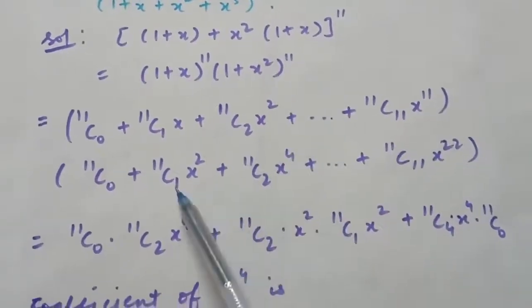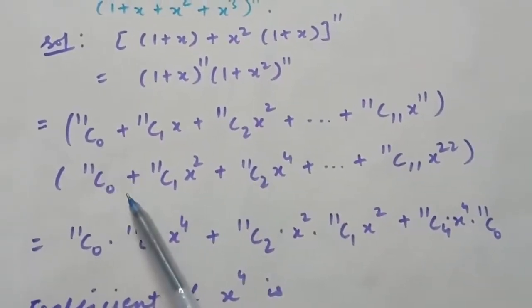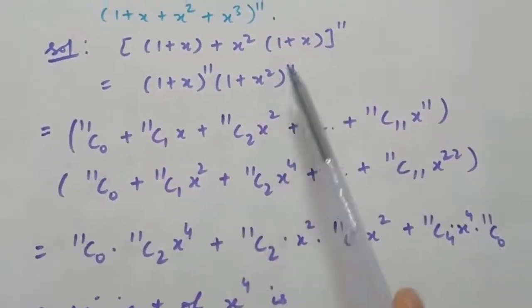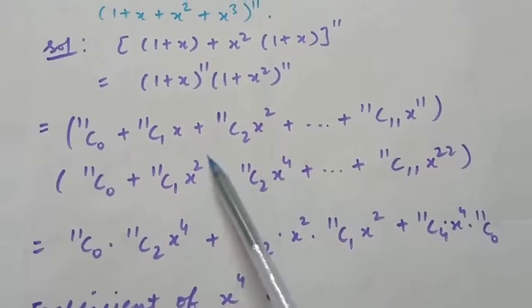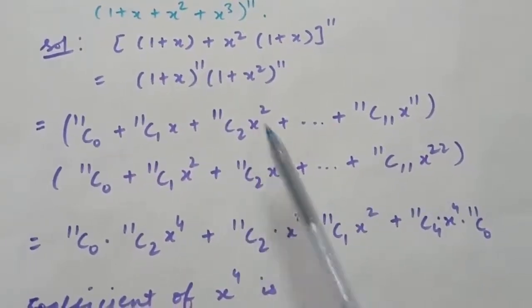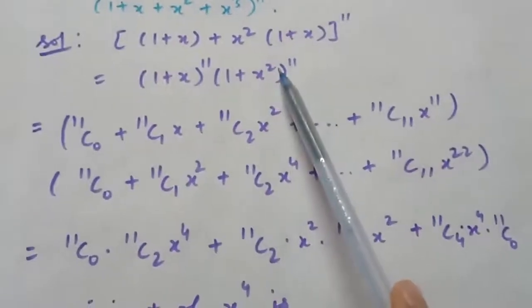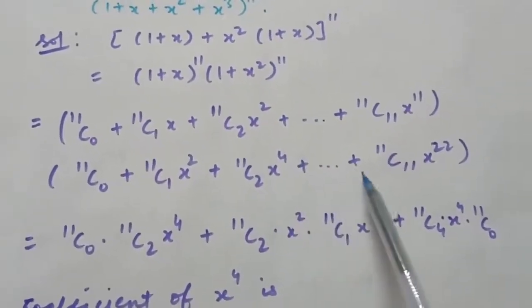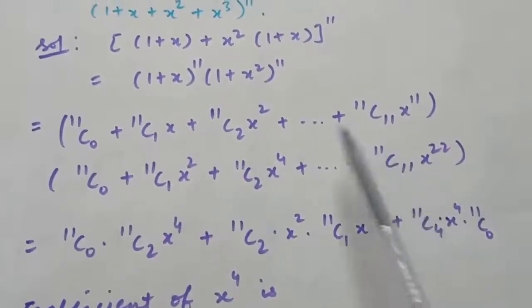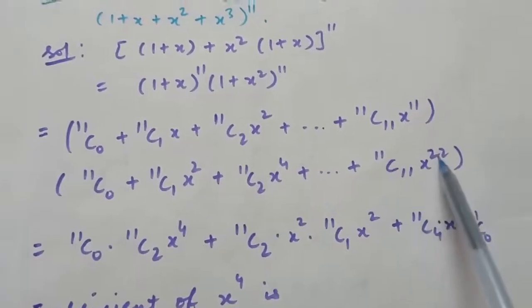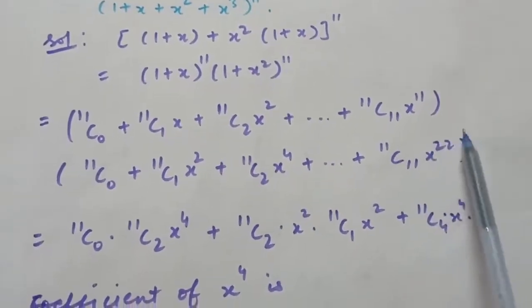Expanding this also by binomial, 11c0 plus 11c1 x square raised to the power 1 plus 11c2 x square raised to the power 2, which is x raised to the power 4, plus so on, 11c11 x square raised to the power 11, which is x raised to the power 22, right?